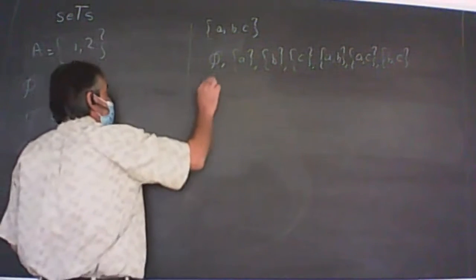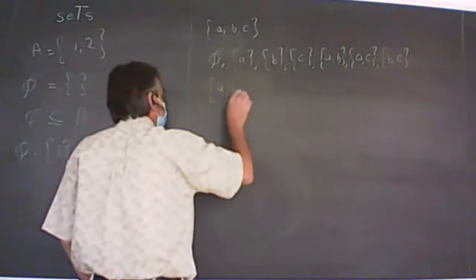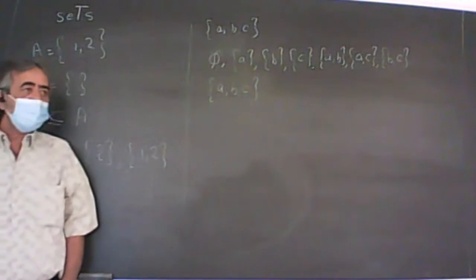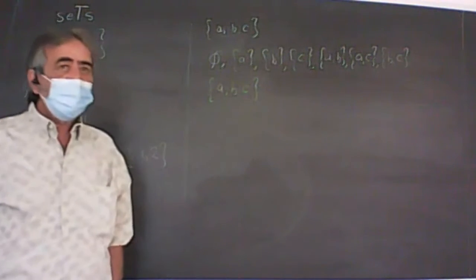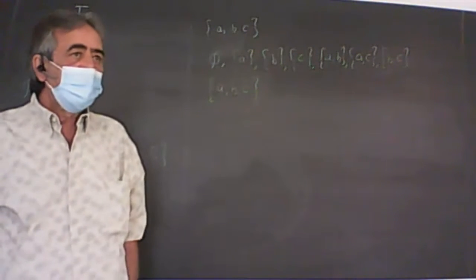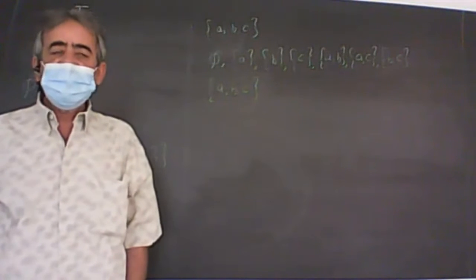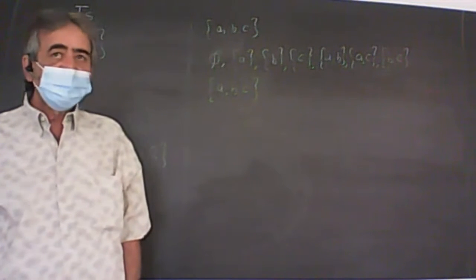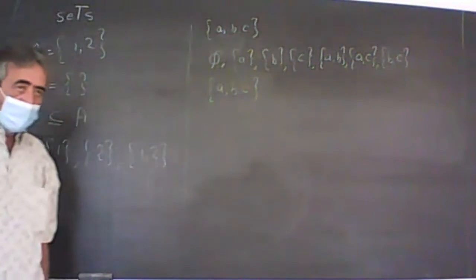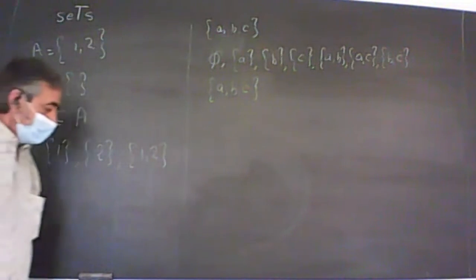We can make a set of 3 elements that will be a subset of the original one. Every set is technically a subset of itself. Yeah, every set is a subset of itself.